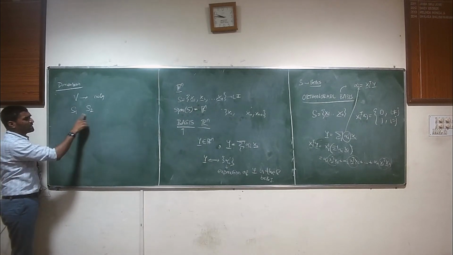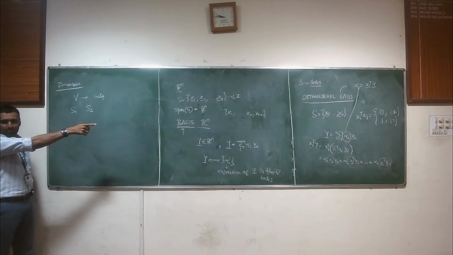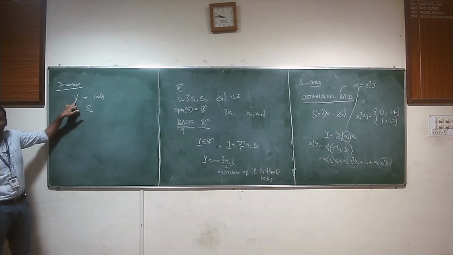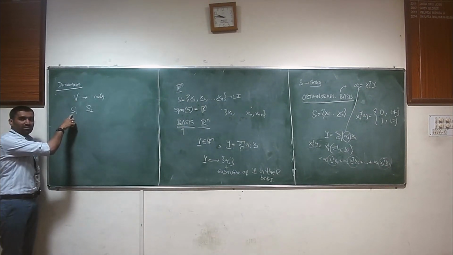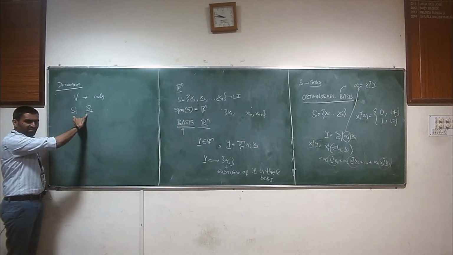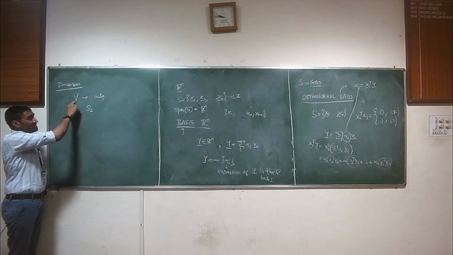There are infinite number of bases. But what will be common among all of them is, of course, they will all be linearly independent sets, and they will all span V. But there is also one more feature that is common to all of them: the number of elements they have. That will be the dimension of the vector space V you're dealing with.